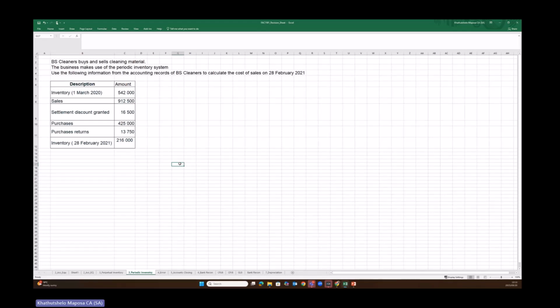There is a formula of calculating cost of sales in the periodic inventory system, which is opening inventory plus purchases and minus closing inventory.